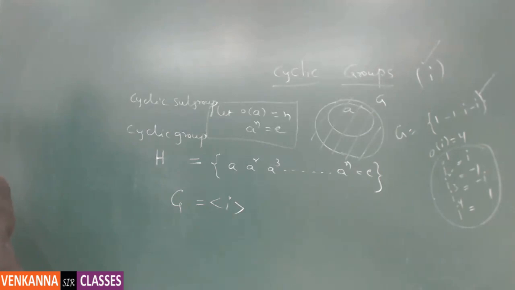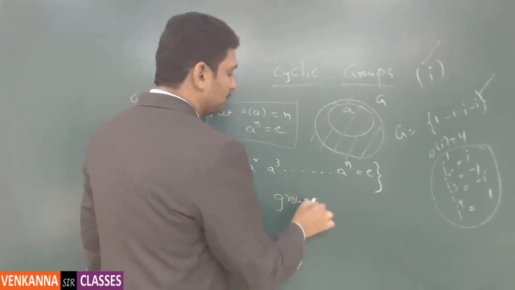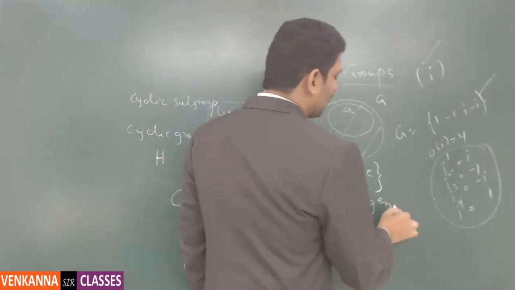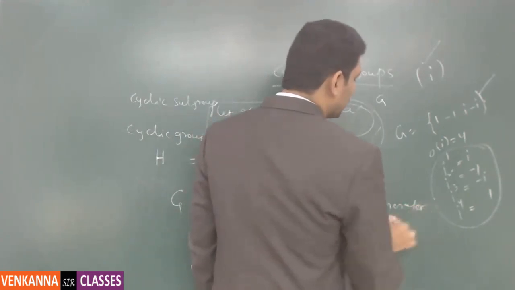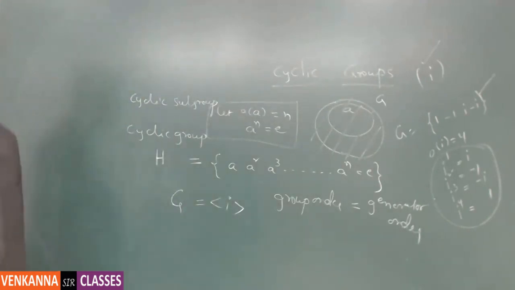So the group order and generator order are both the same, provided it is a cyclic group. So group order is equal to generator order. Here generator means the element which is generating the whole group. You can talk about the finite case as well as the infinite case. Both are correct.